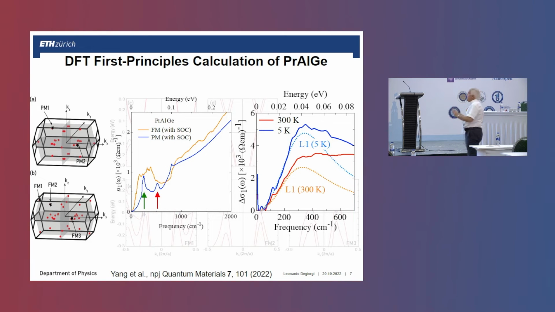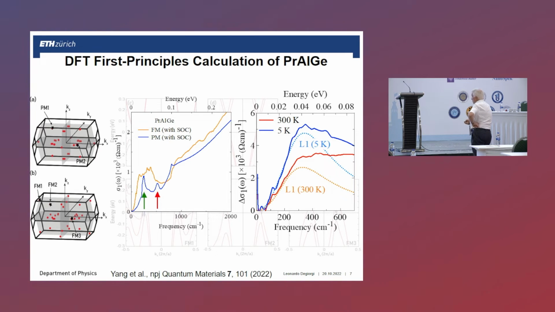Now, let me immediately warn you that this comparison is probably more reliable in the energy interval of about 100 millielectron volts around the Fermi level, because in that spectral range, the impact of the f electrons is not that pronounced and invasive in the electronic band structure, and this might explain some deviation at higher frequencies.